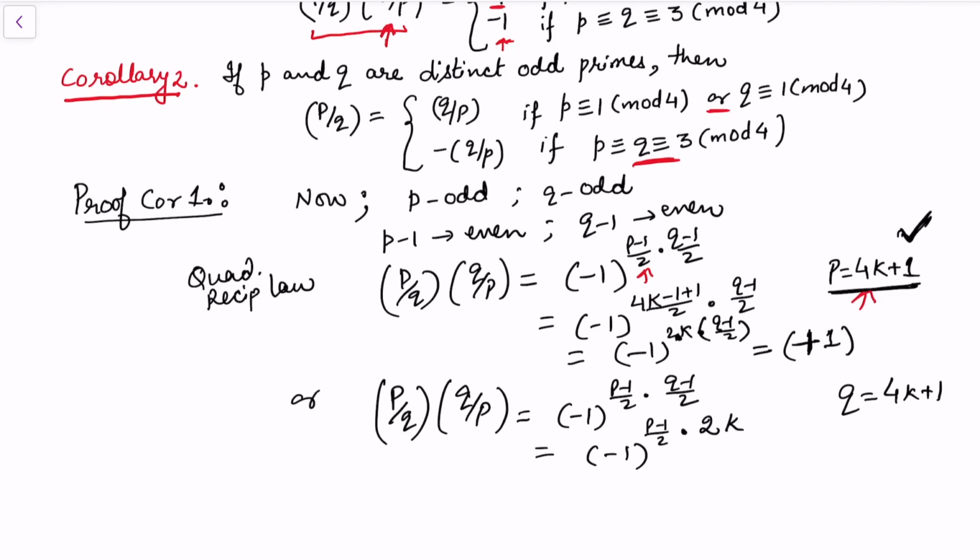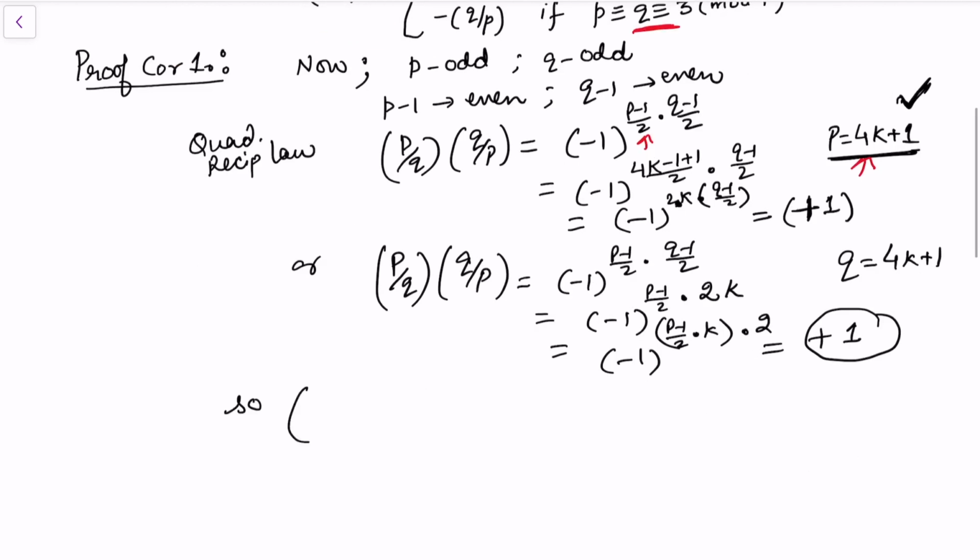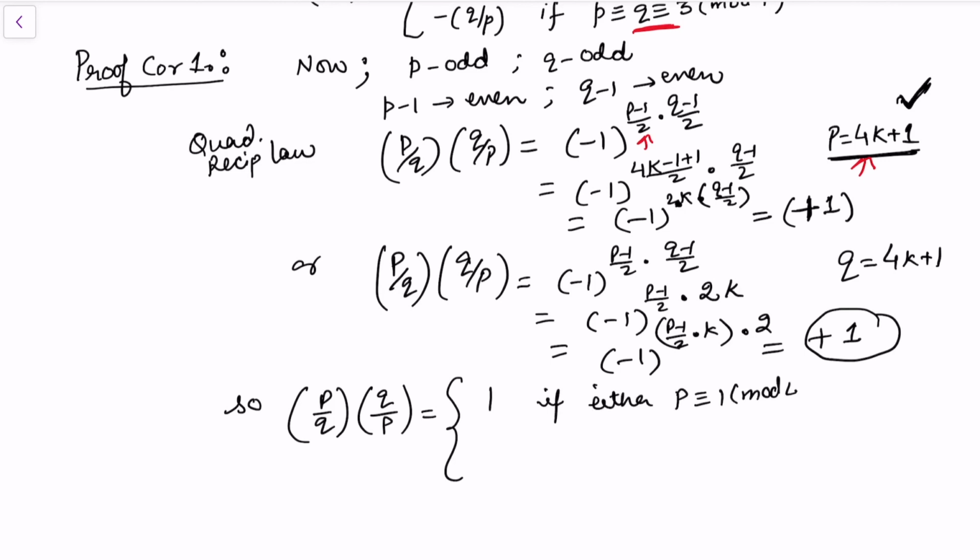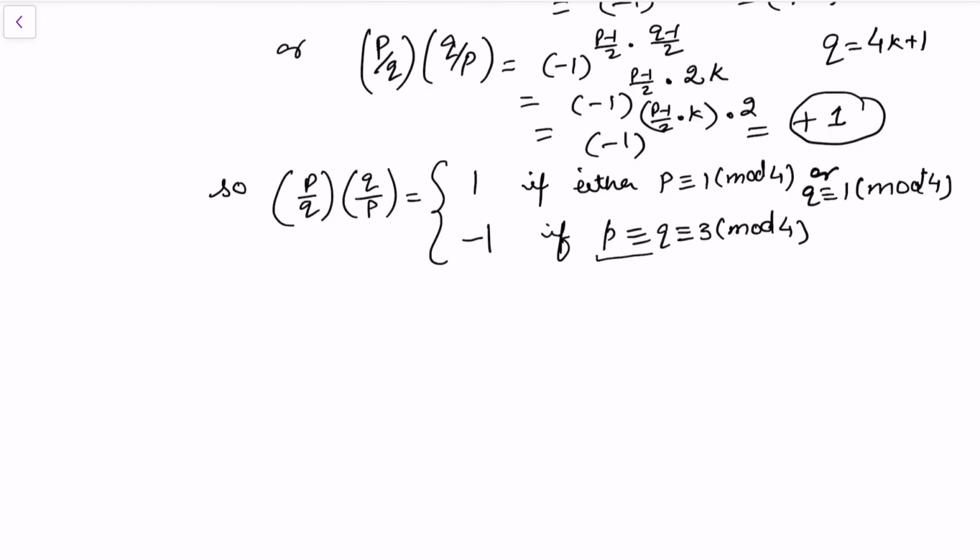So again in the power there are some terms multiplied by 2, so this value is still even, and this would again be plus 1. So the first corollary is clear: multiplying (P/Q) and (Q/P), this is always 1 if either P is congruent to 1 modulo 4 or Q is congruent to 1 modulo 4.